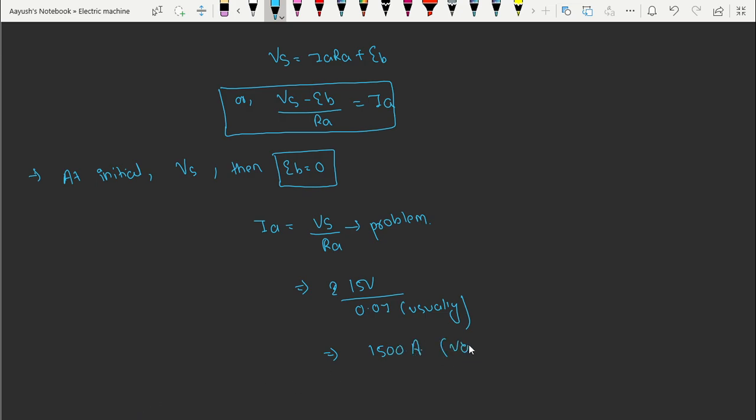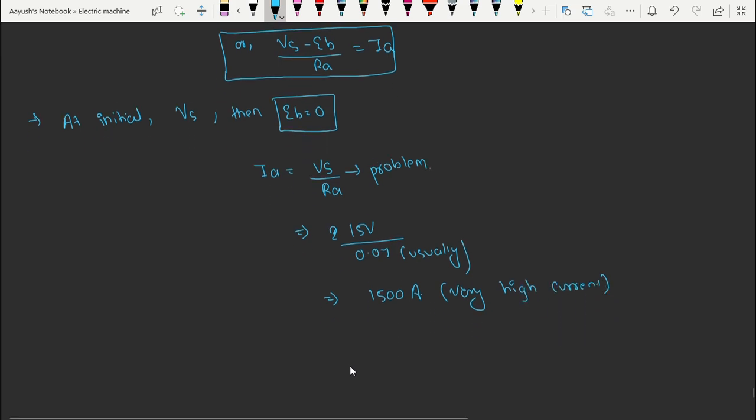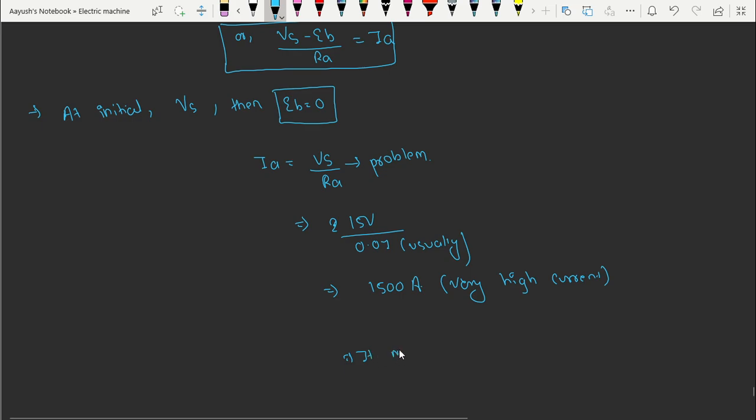This is a very high current, and this high current melts the armature winding due to very high heat. Now this is the problem in the DC motor.